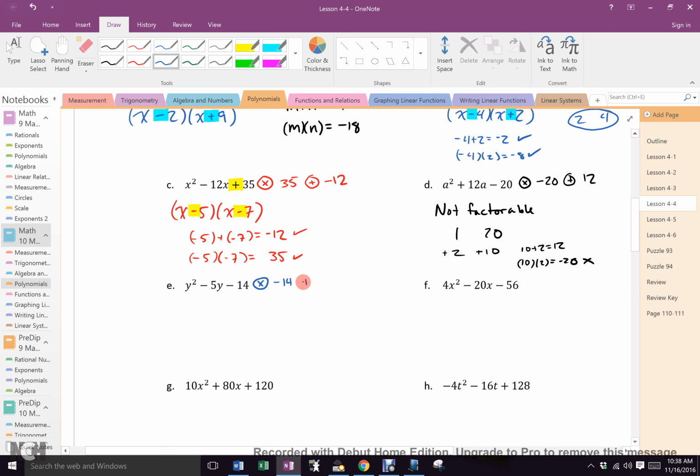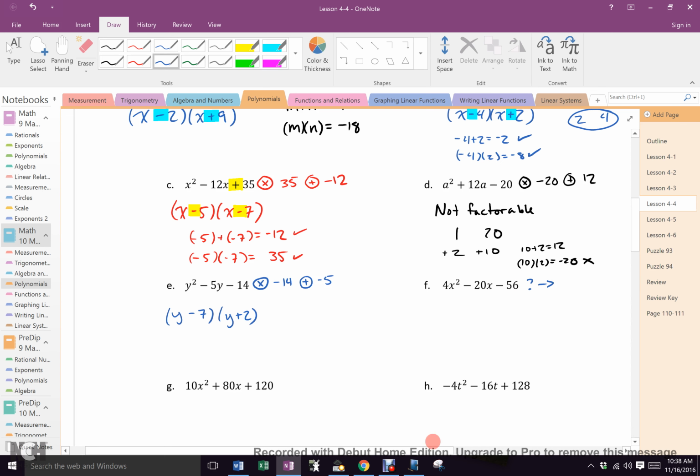Negative 14. And what must I add to? What is it? Right. Negative 7 and positive 2. Is everybody good with the regular ones? Yes? All right. Look at F.